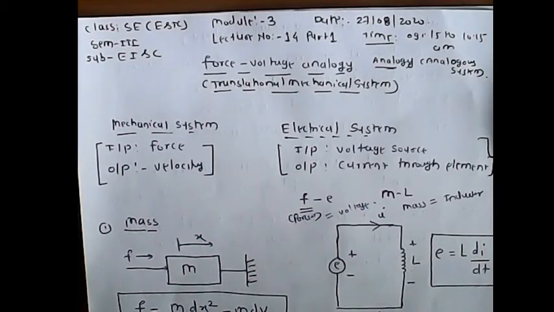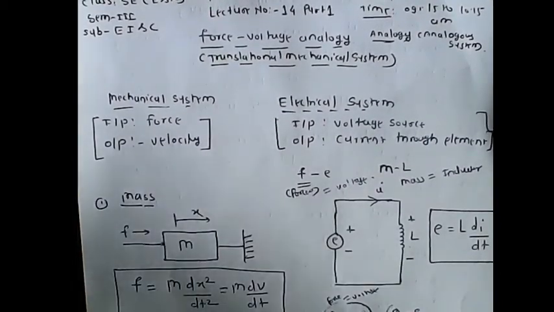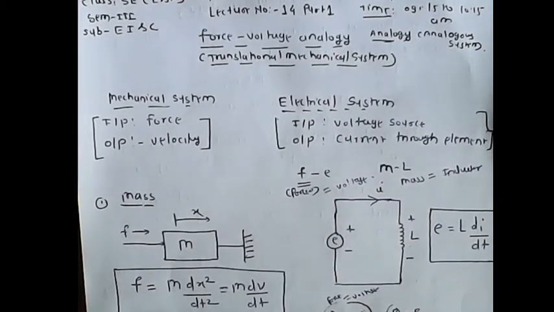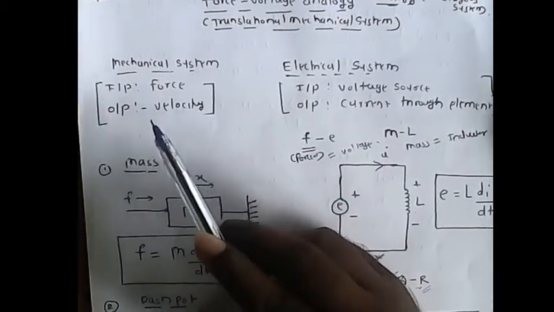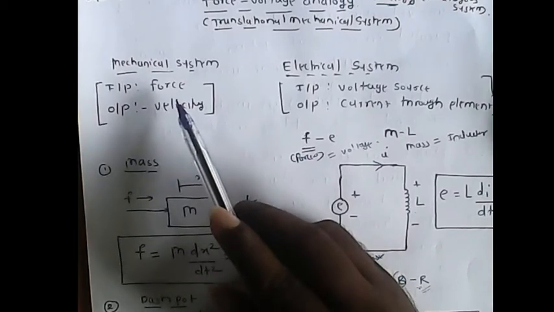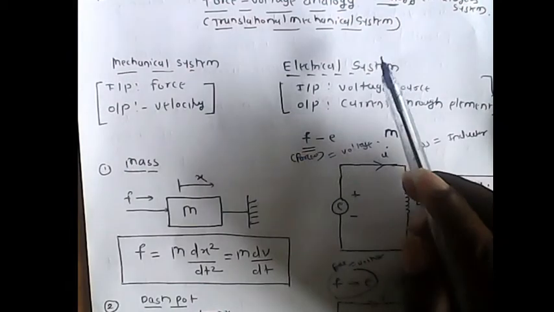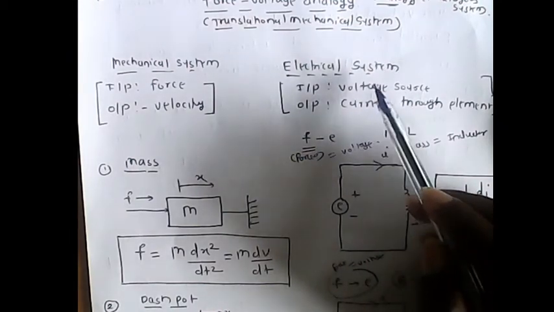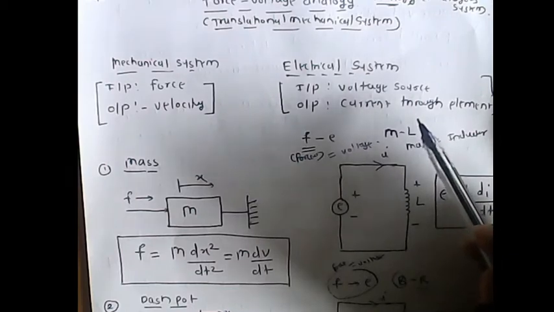In this lecture we are going to use a table showing how the mechanical basic elements map into electrical system. Here the input in the mechanical system is force. The output will be measured in terms of the velocity, whereas in the electrical system the input is the voltage source and the output is the current through the element.